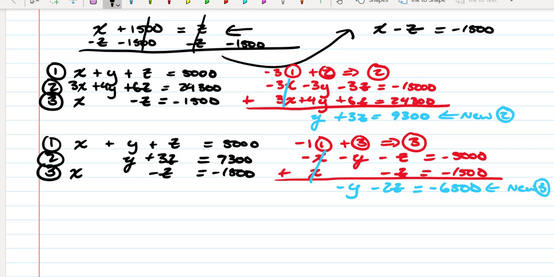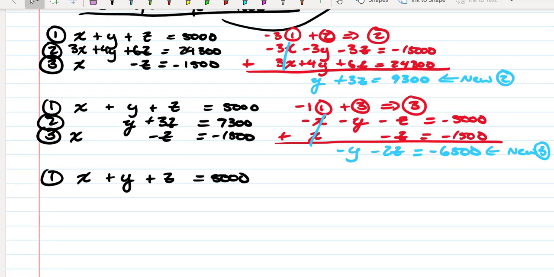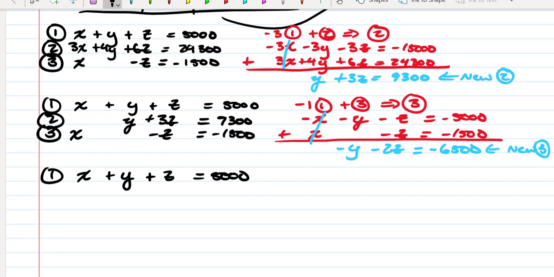So my system is now x plus y plus z equals 5,000. Equation 2 didn't change, so it is still y plus 3z equals 9,300.